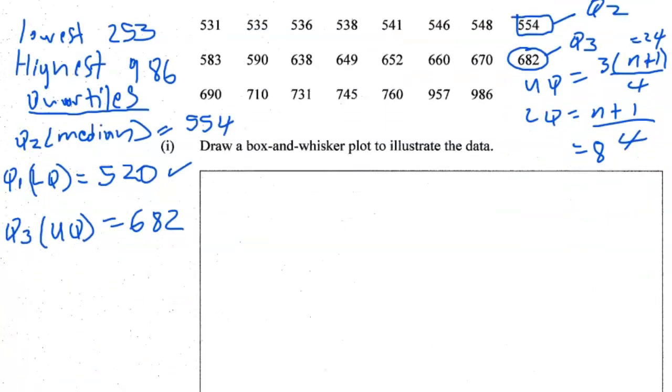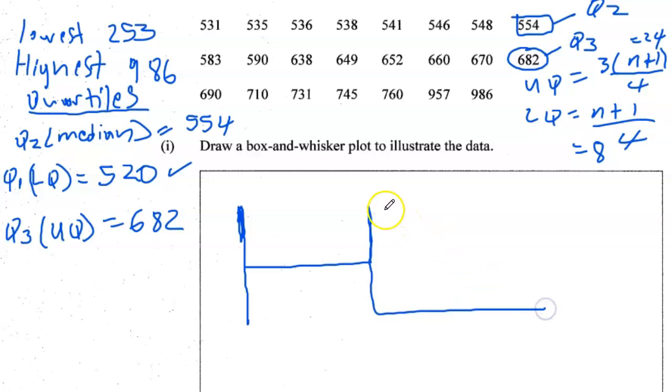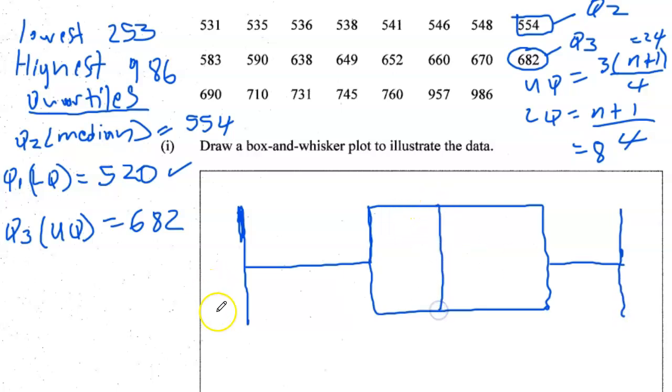So we can do our box and whisker. Let me just do a sketch here. I say box and whisker, so the whisker here at the end, and then the box will show the quartiles. Not doing this to scale. So the lowest number should be at 253.